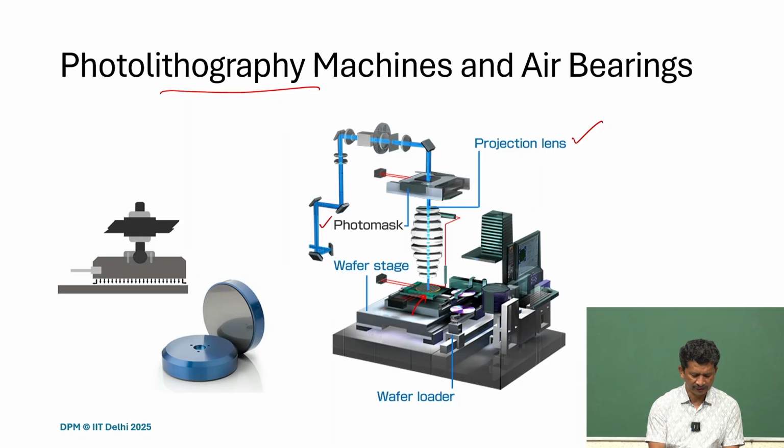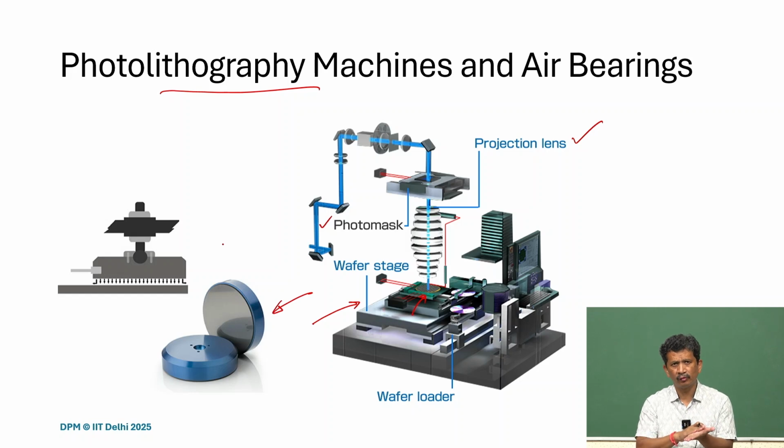And we realize that this wafer stage has air bearings, so that there is no hysteresis involved and it can move very fast. The friction is almost negligible.